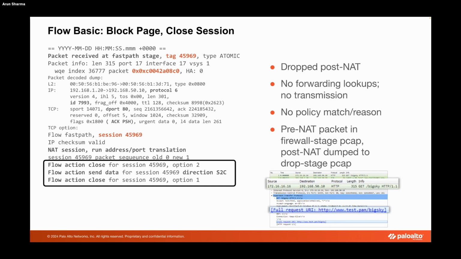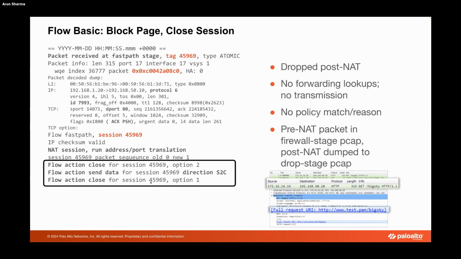We are just seeing flow action close for the session, flow actions and data. It will tell you how the session is closed. And all these block pages you will see under a transmit PCAP. So if you ever have to deal with those, just look for them under the transmit PCAP.